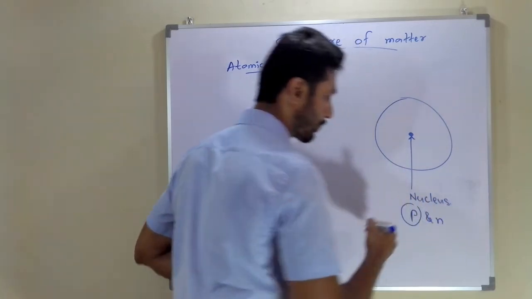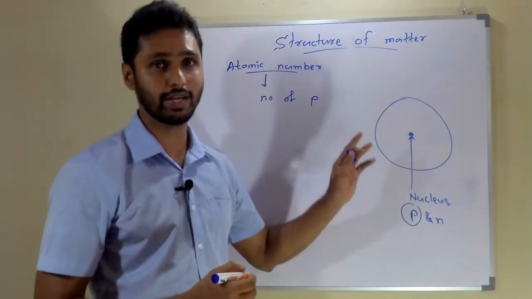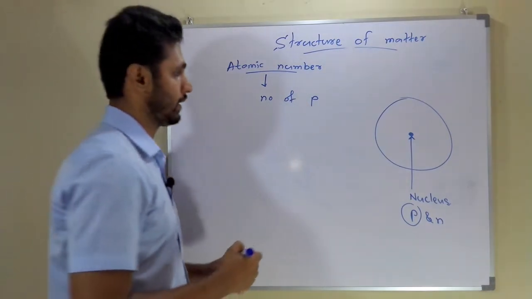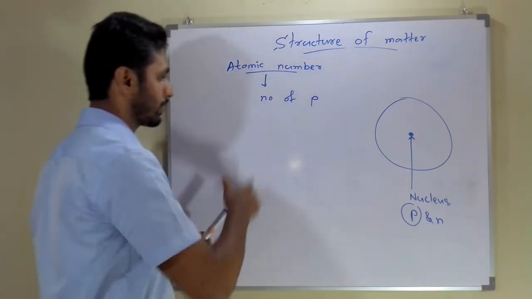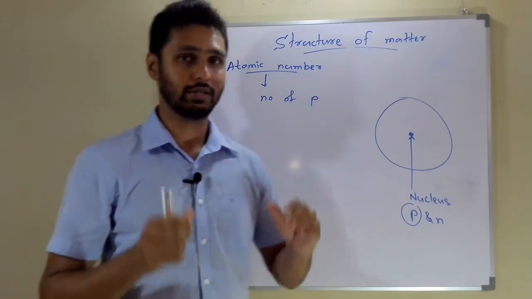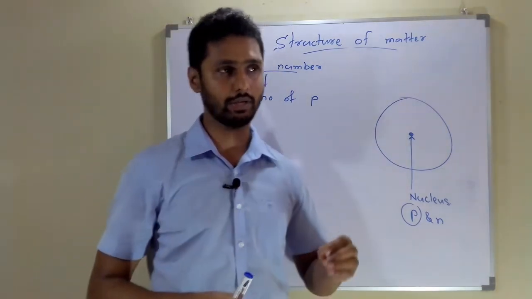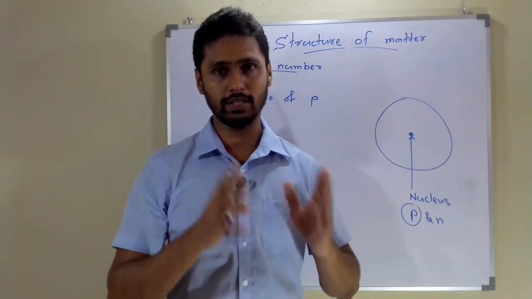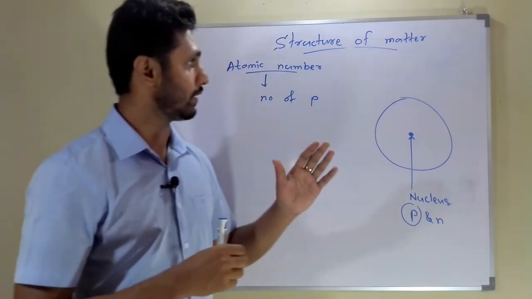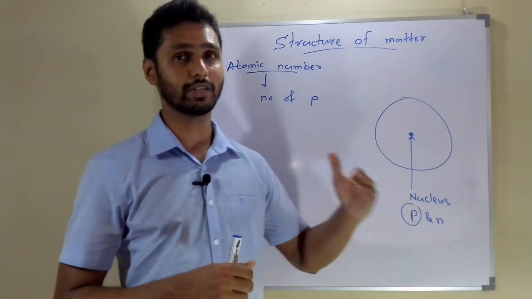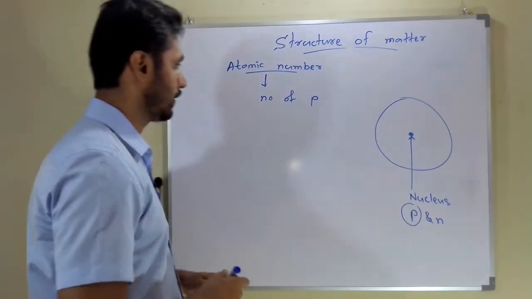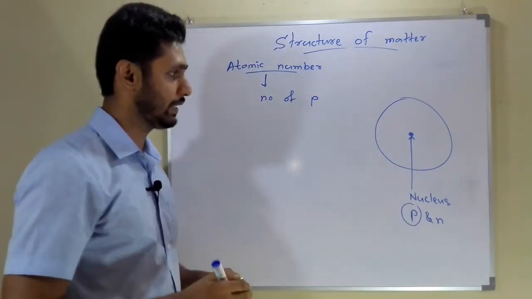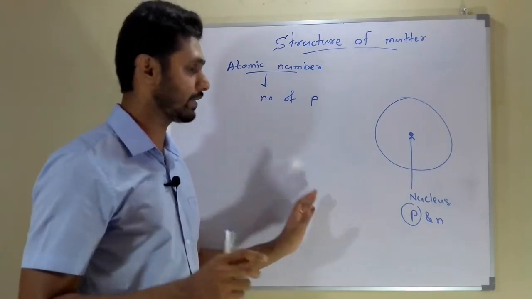So the number of protons in the nucleus is known as atomic number, and this atomic number is unique to an atom, because according to the atomic number, different types of atoms vary from each other. Let's see what are the important points regarding this atomic number.